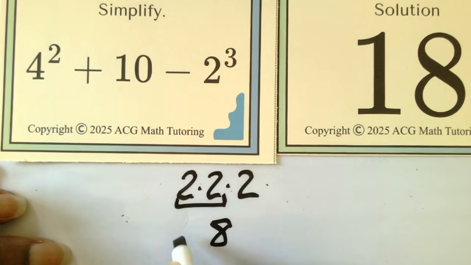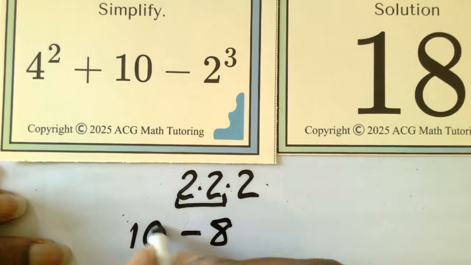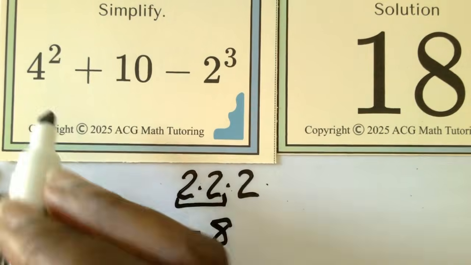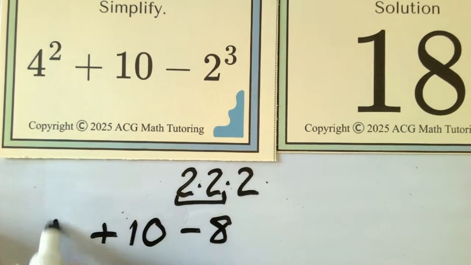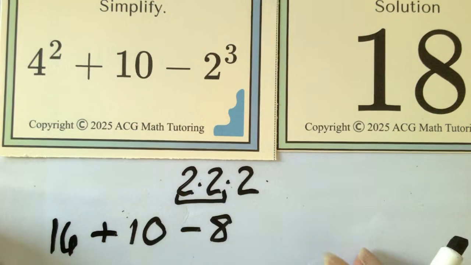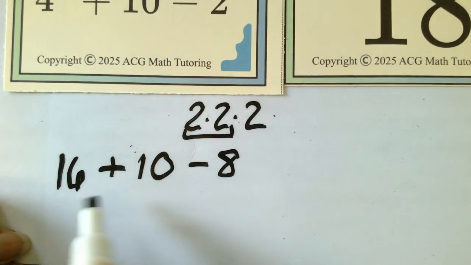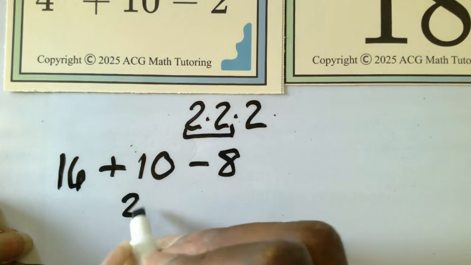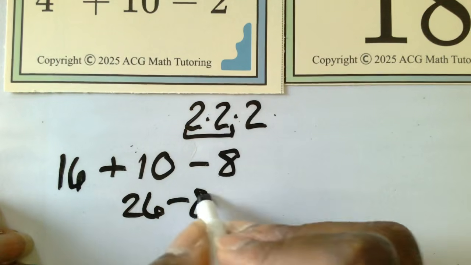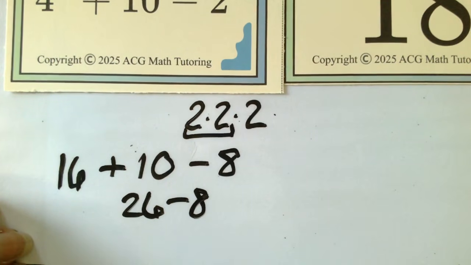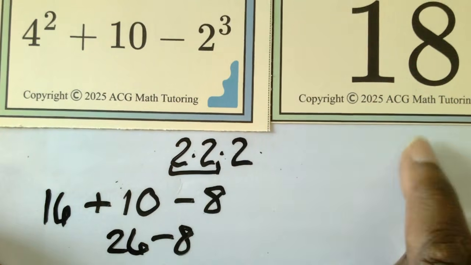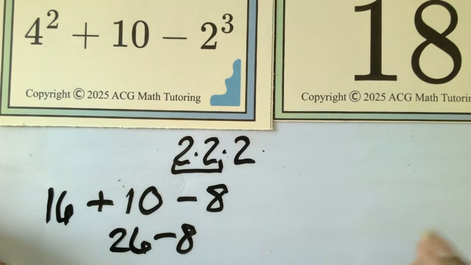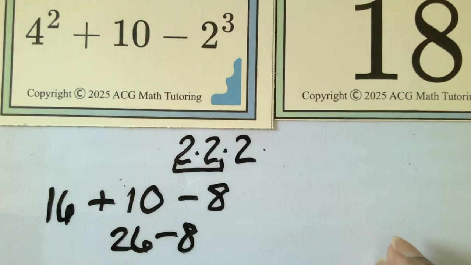So we have 8 over here. I'm going to bring down my 10. Then we have 4 squared. 4 squared gives me my 16. So if you want, going from left to right, 16 plus 10, that gives us our 26. Then you have your 26 minus 8, gives us our 18. Okay? All right. Does that help you a little bit, Gaylord?